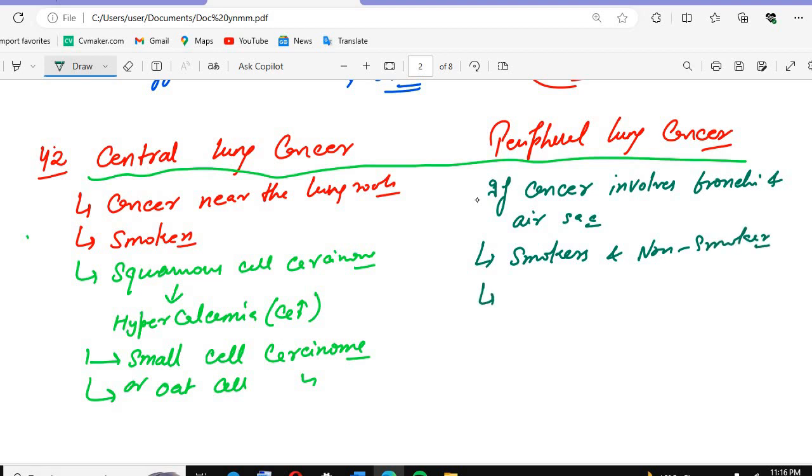This condition, peripheral lung cancer, is associated with adenocarcinoma.